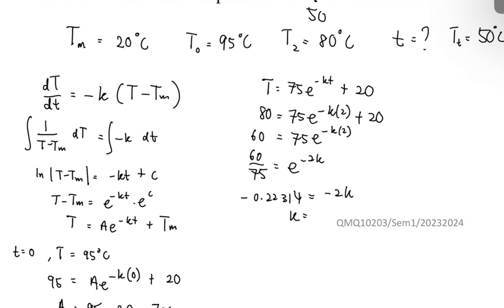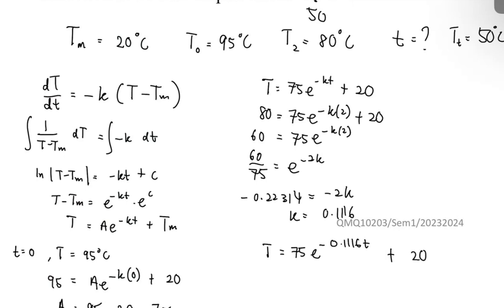So k equals, dividing by minus 2, 0.1116. Let's take 4 decimal places. So k is 0.1116. Now we have the full equation: T equals 75 exponent negative 0.1116t plus Tm, where Tm is 20 degrees. All right, so we have the full equation.